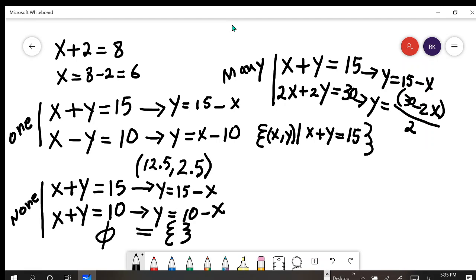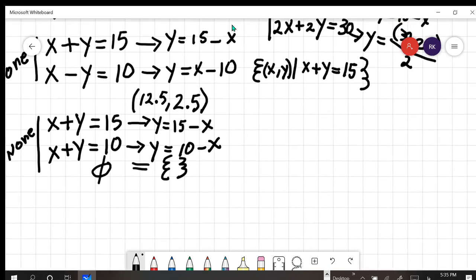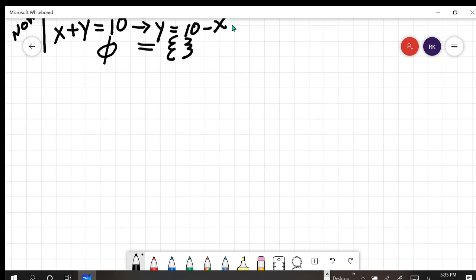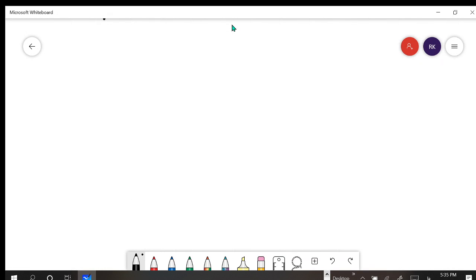Doesn't matter. We usually write the simpler equation here, and that's it. That's how we solve these using graphing, right? Intersection of two lines. Now I want to talk about the algebraic way of solving these systems.